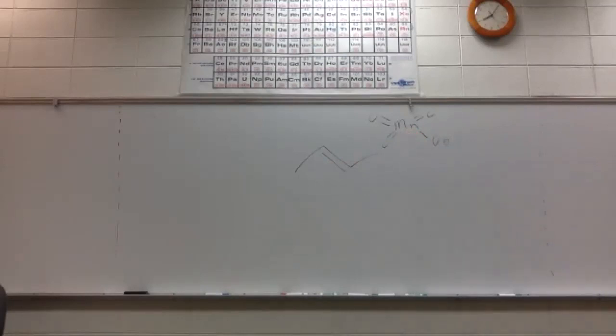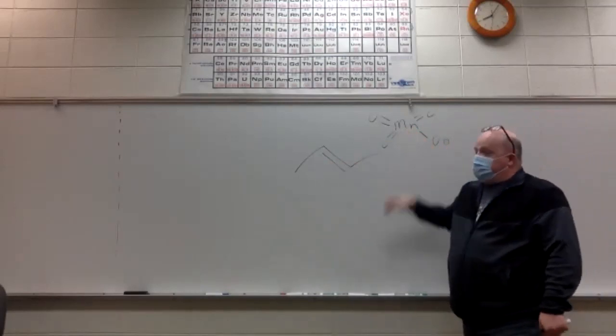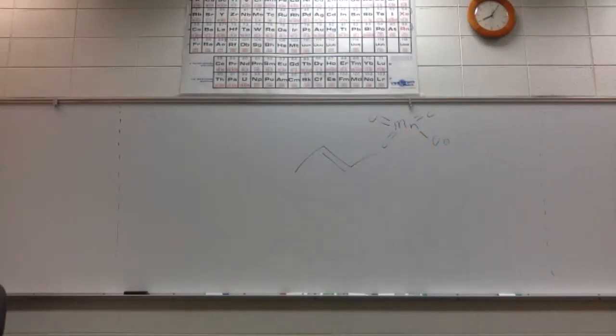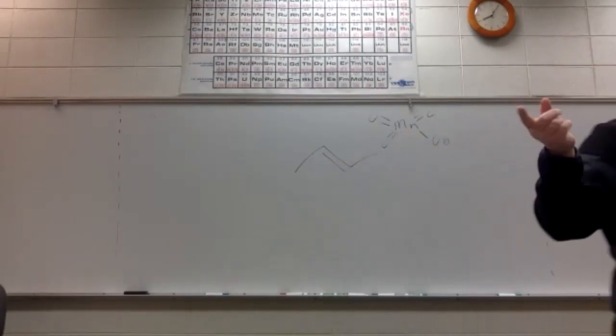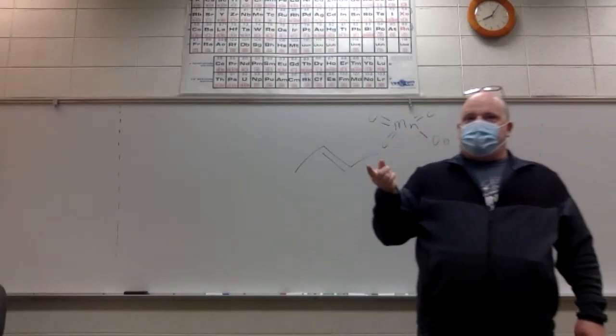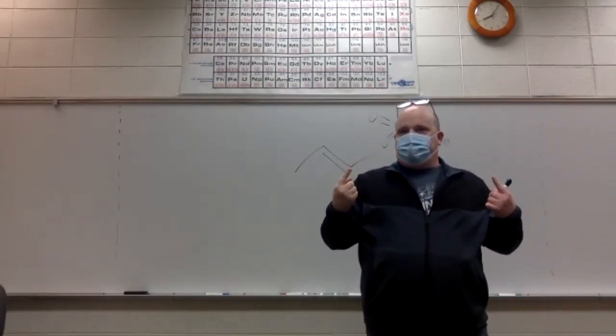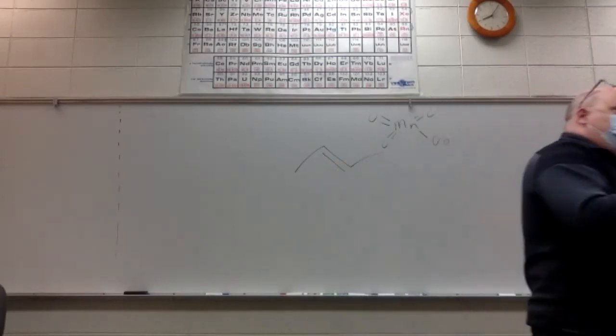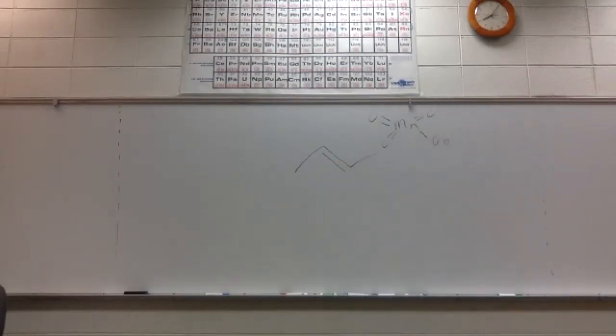That's why you always get a syn dihydroxylation whenever you do this. Whenever you do anti, you have to make an epoxide first. The second step is breaking open the epoxide, and how do we learn that always occurs? By anti-addition. So that's why one of them can give you syn, the other one can give you anti.